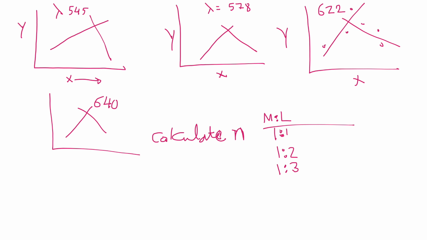You get the ligand to metal ratios at all these wavelengths, and your report should include all the points written at the end of the experiment, the plots, 1, 2, 3, 4, 5 plots, and the ratios of metal to ligand at each plot, and the drawing of the complex at each wavelength. And this will conclude the method of continuous variation.